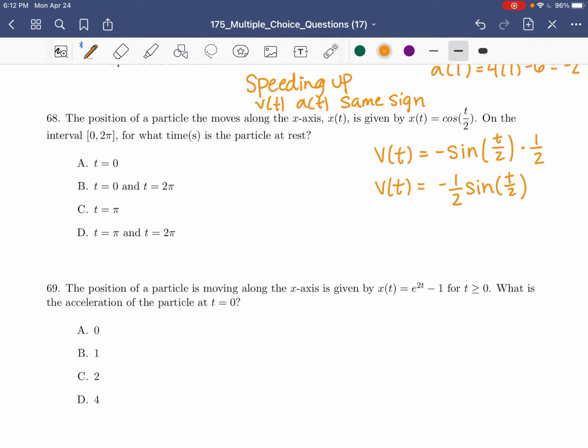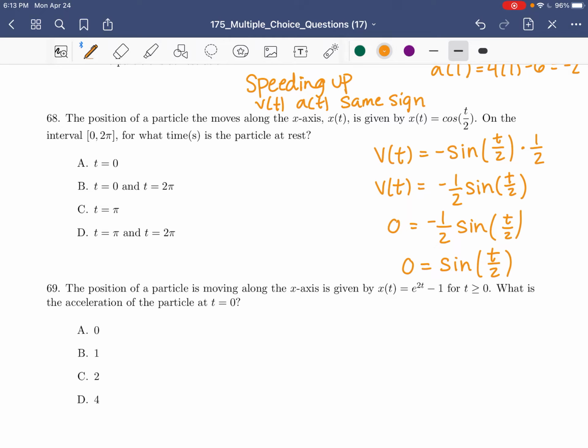And then I need to figure out where this is going to be equal to 0. So I have 0 equals negative 1/2 sine of t over 2. Then I can multiply this by negative 1/2, and it stays 0 equals sine of t over 2.